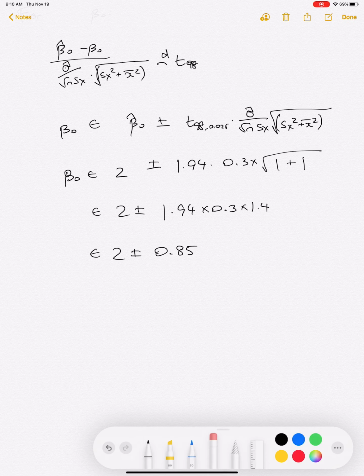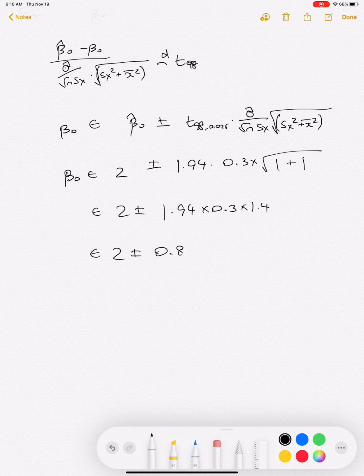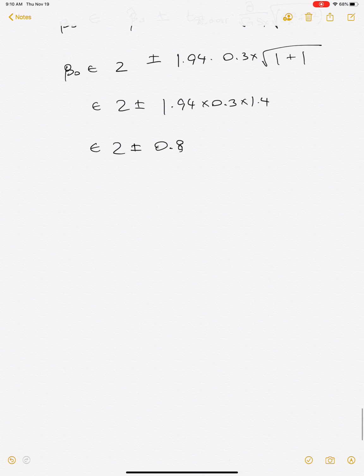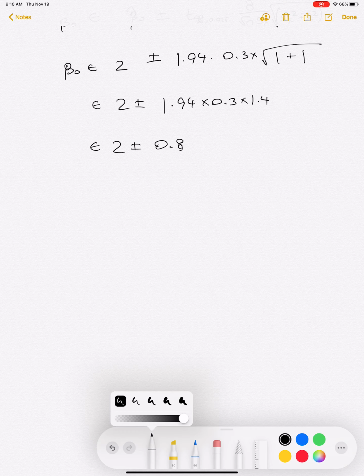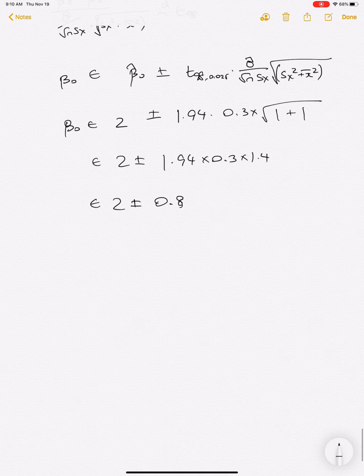I think it's 0.84 if we round it, and so we're just going to round it down to 0.8. And so our 95% confidence interval is going to be 1.2 to 2.8, and so that gives you the confidence intervals.